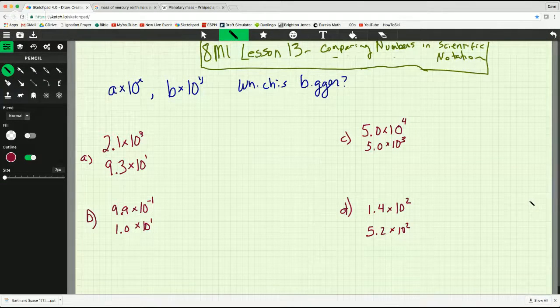If we have two numbers in scientific notation, and let me just put up a third one here, just because I was thinking about this. Let's come up with a number here.